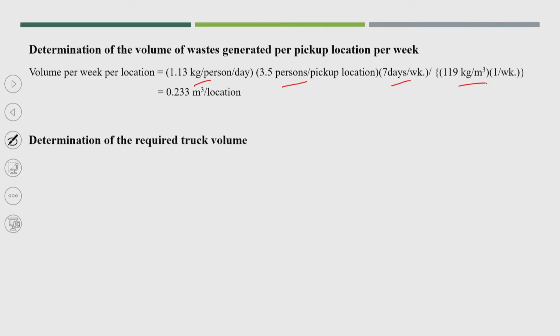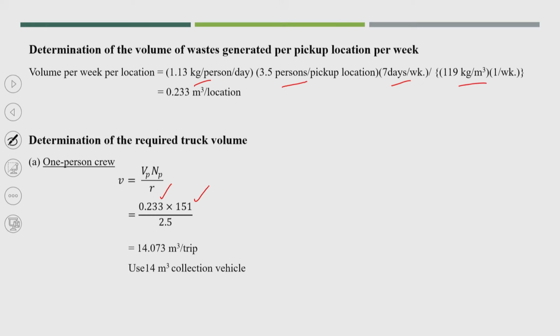Now, we will calculate the truck volume. For the 1-person crew, it is Vp into Np divided by R. We can calculate the truck volume from this formula: the volume generated multiplied by the number of pickup locations and divided by the compaction ratio 2.5.